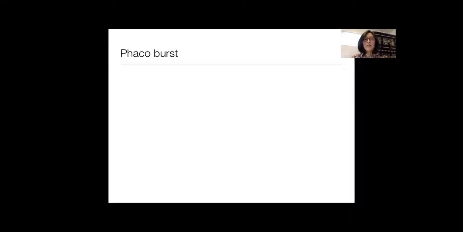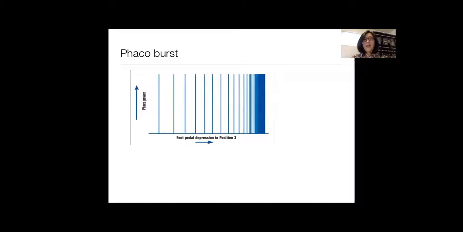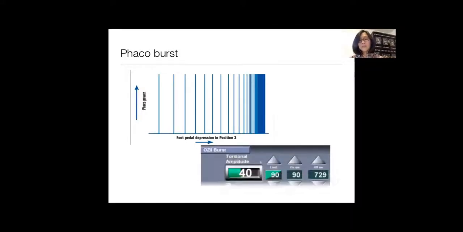Phaco burst is another modality in which the phaco power is set at a certain level, but the more pressure you put on the pedal and the further down you press, the closer together those bursts of phaco will be. If you were to press 100% of the way down, then you'll just get continuous phaco.